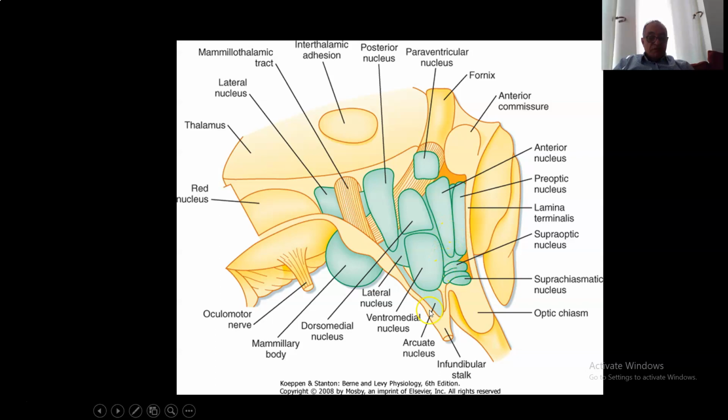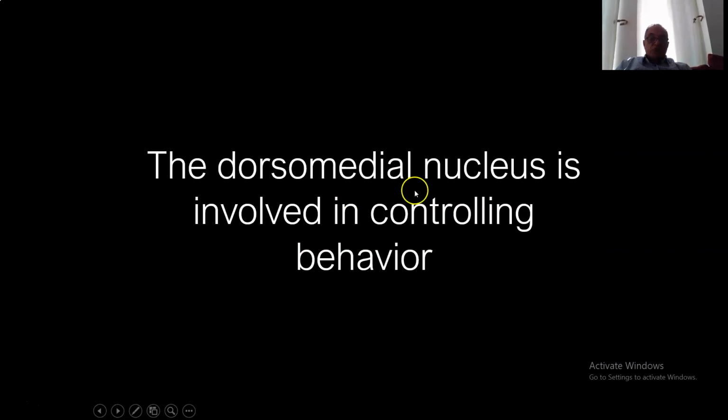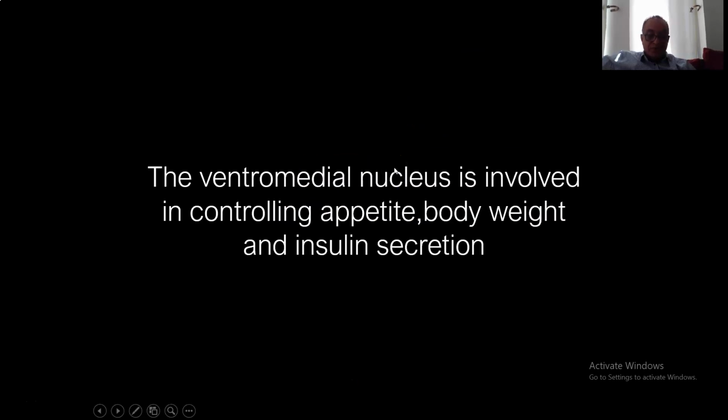And the arcuate is also with the preoptic and anterior nucleus. The dorsomedial nucleus, as we said, is in controlling behavior. Also, some of the people working in craniopharyngiomas will notice that the behavior of the patient differed. To get it from the family, he might become more aggressive, more blunted in behavior, because there is damage to the dorsomedial nucleus.